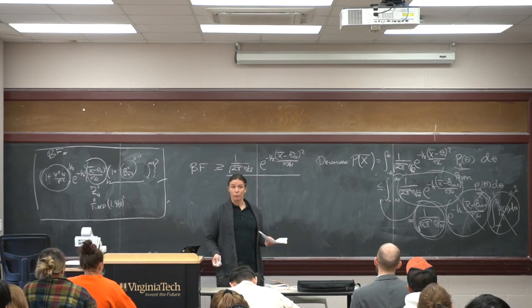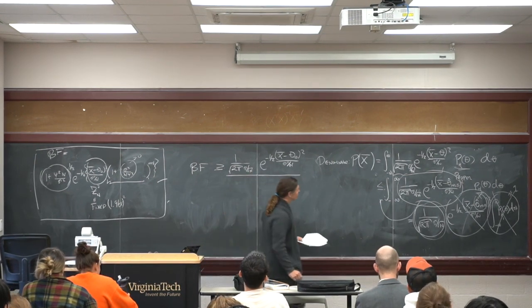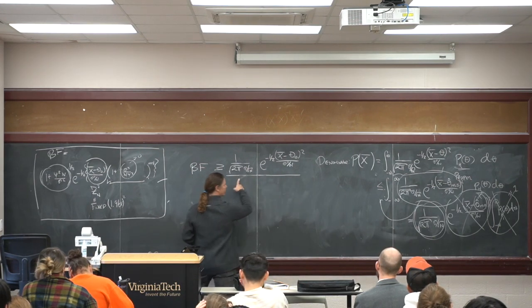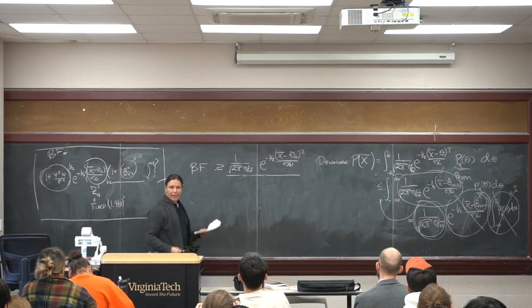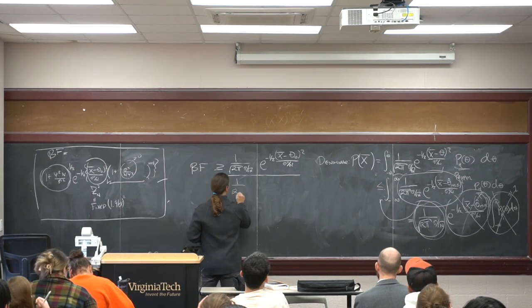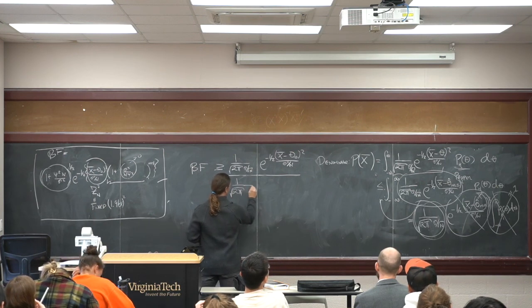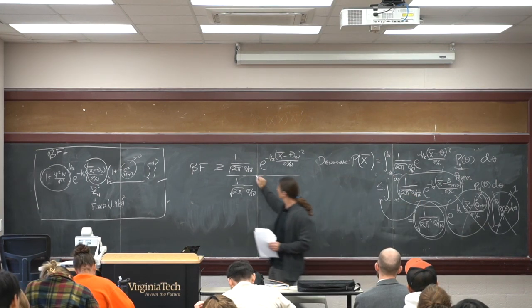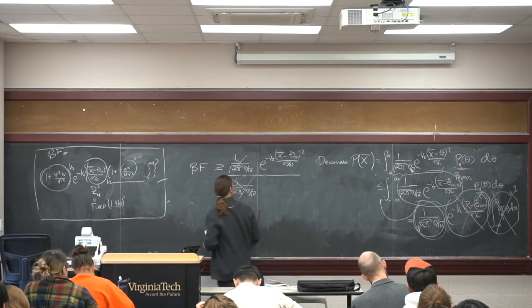So you pick things that are within the valid range. Then this thing is going to be bigger than that. So this is smaller than something, so I'm going to divide by it, and it's going to bound everything in that direction. So this is going to be 1 over root 2 pi sigma over root n. That's just this part right here. These things cancel each other.